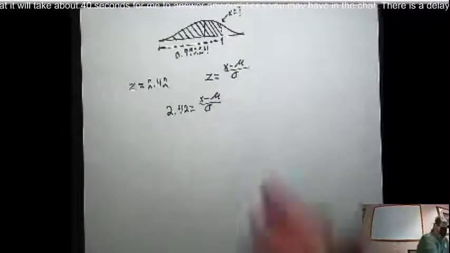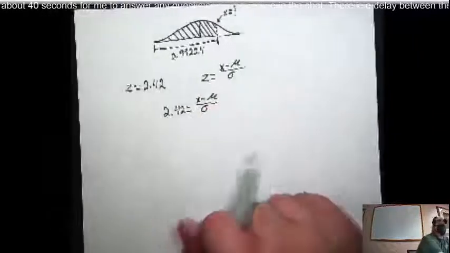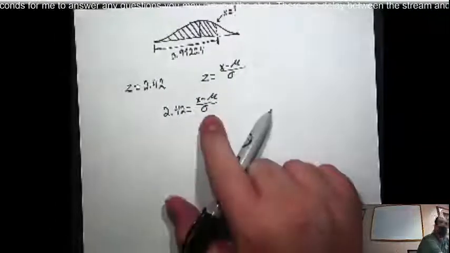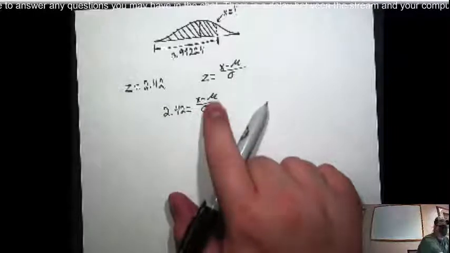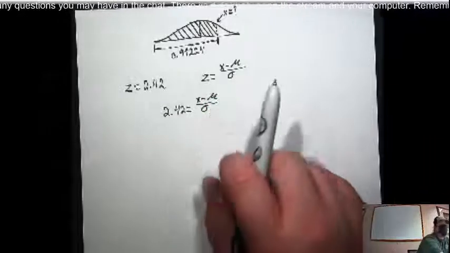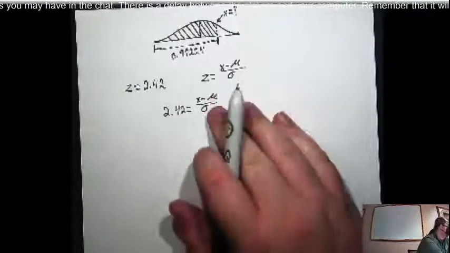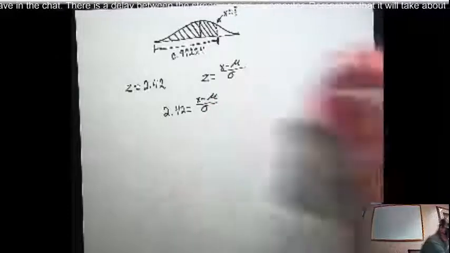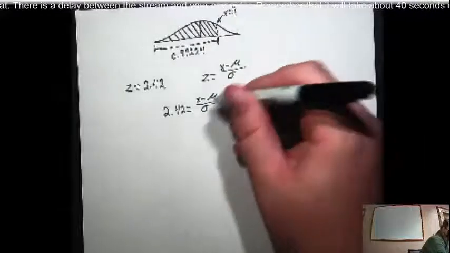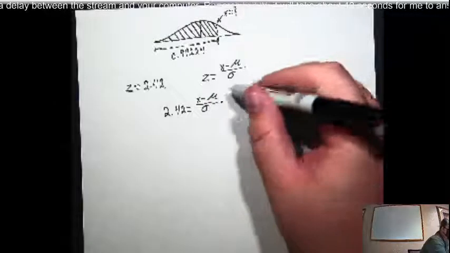Okay, so we need to cancel everything that is not an x on this side. The first thing that I see is that we have a fraction. I'd like to get rid of that fraction. It's going to make things harder to solve if I have that fraction. So I'm going to get rid of it by multiplying by standard deviation.